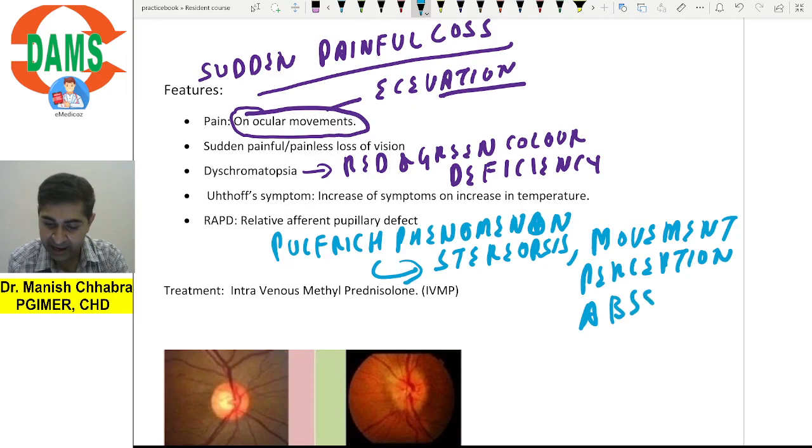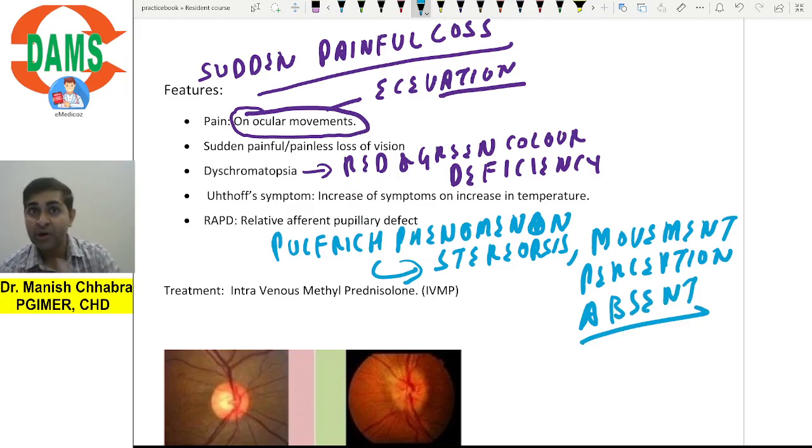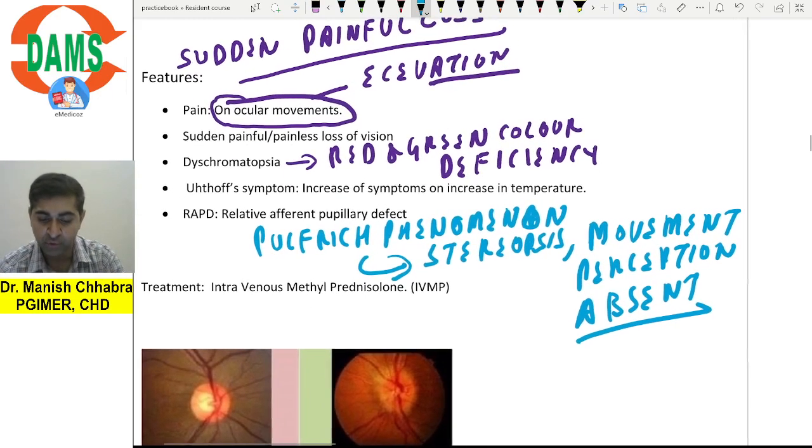And RAPD, yes, you know RAPD, relative afferent pupillary defect, because you know the light reflex pathway: the afferent of the light reflex is formed by the optic nerve, the efferent is formed by the oculomotor nerve. We have done that in the pupil part of neuroophthalmology.